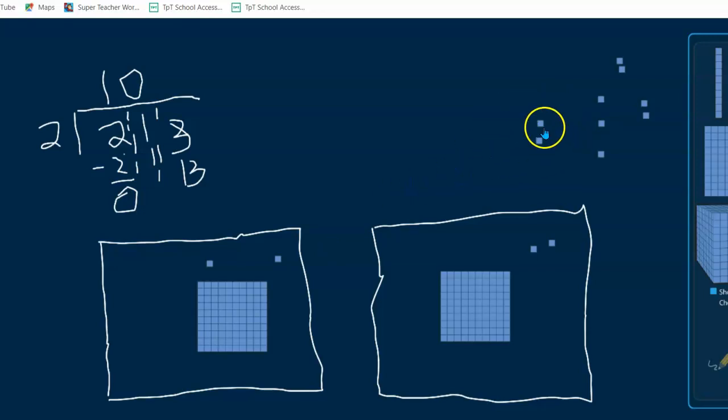Okay. It's not letting me move these. Technical difficulties here. I would be moving these in groups of 2, and it's not letting me move these right now.